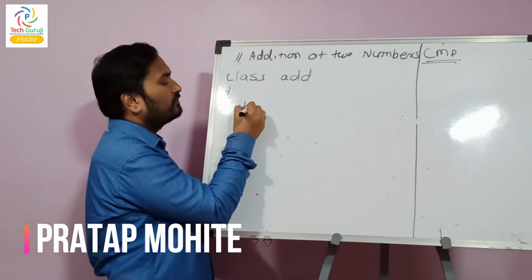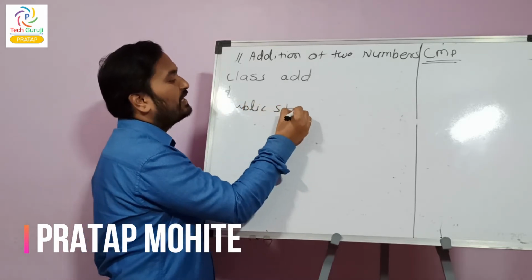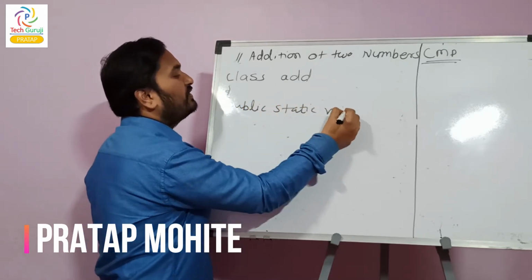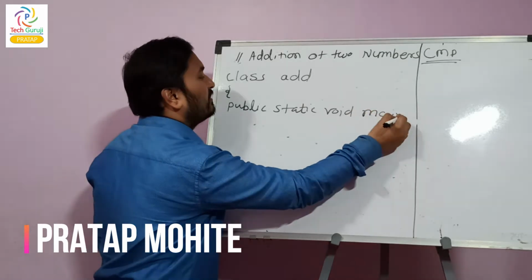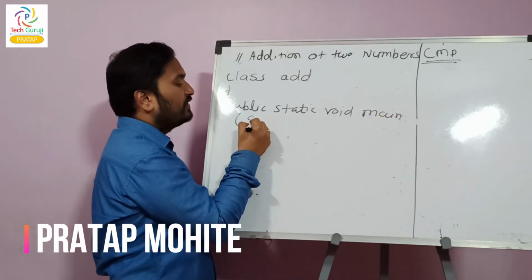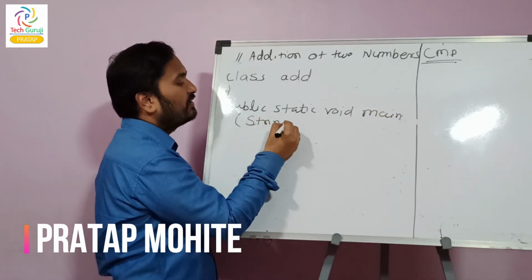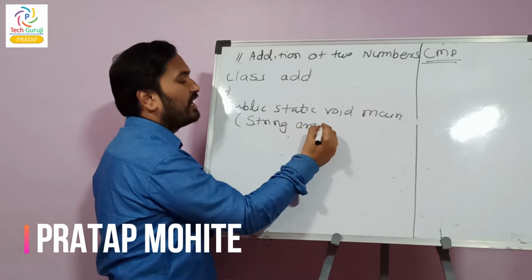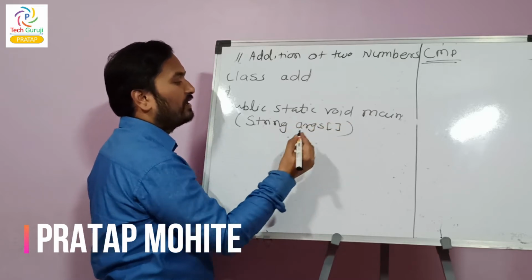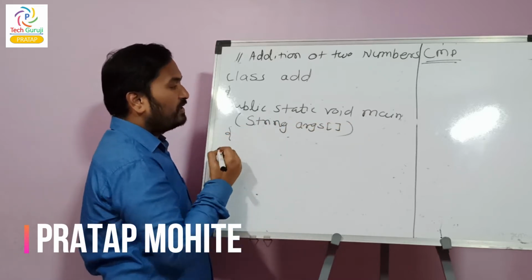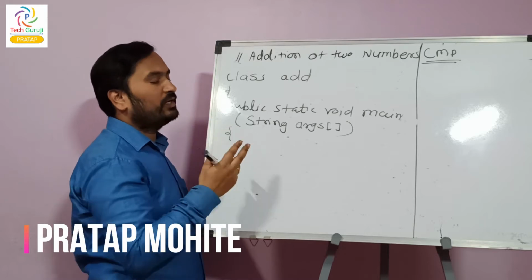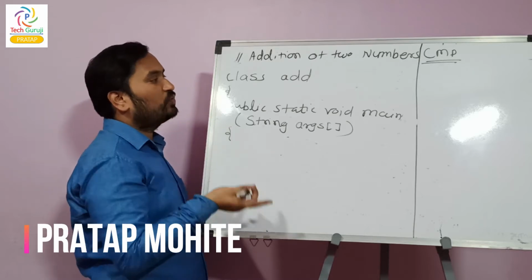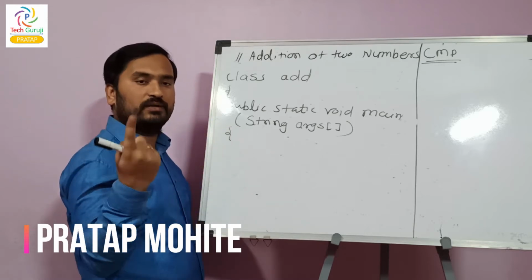So public static void main, round bracket open, within the round brackets String args is an array. Again curly bracket open. To add two numbers we need two variables, and to store the result we need one different variable.